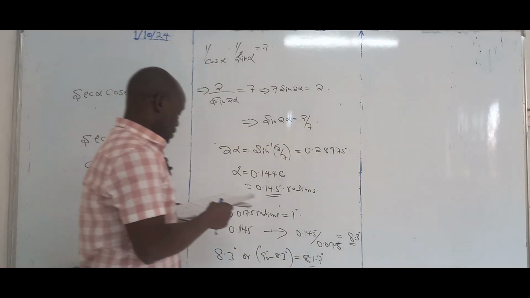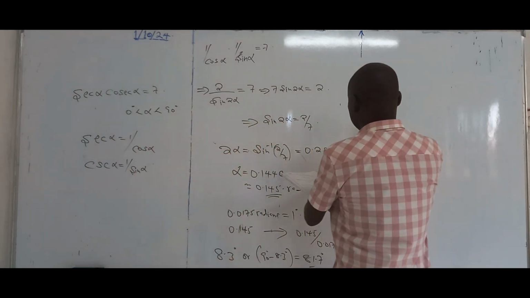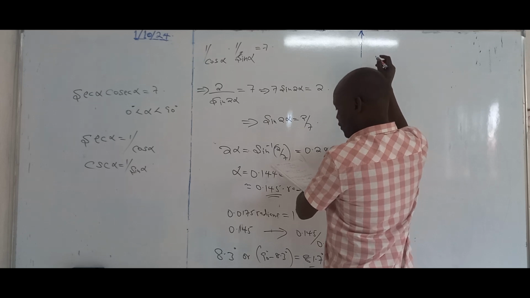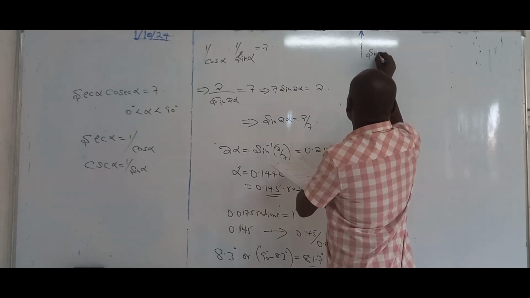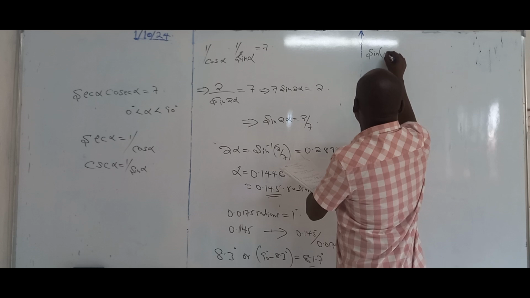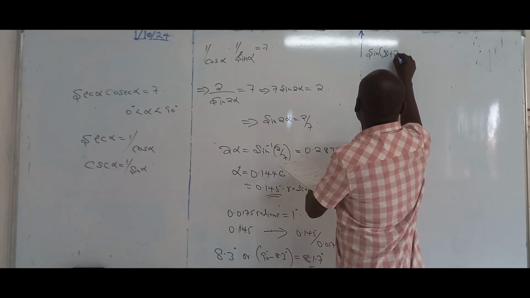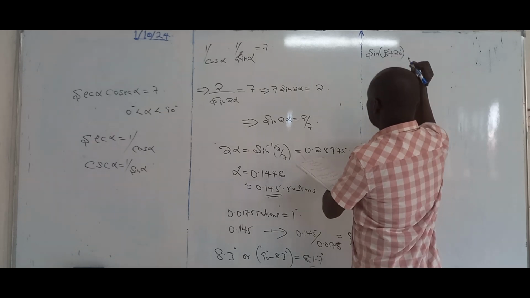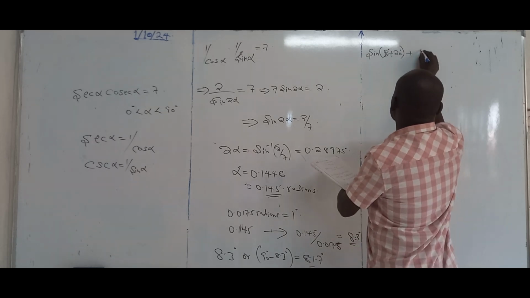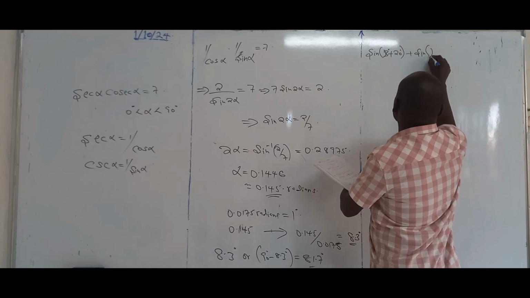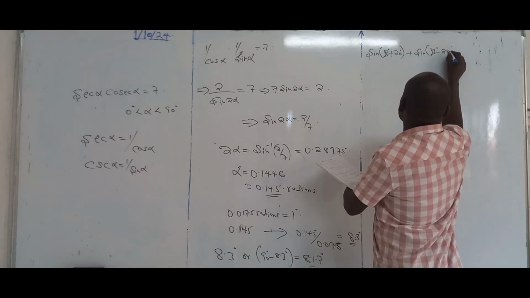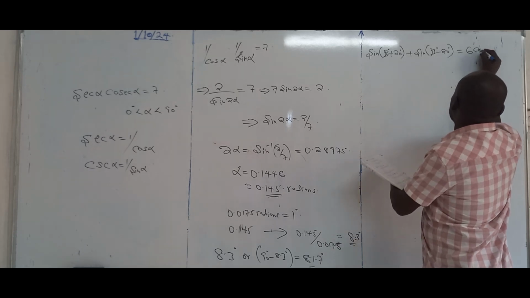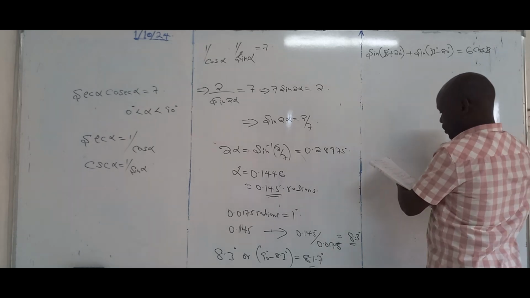Part B now is asking us to solve sin of (beta plus 20 degrees) plus sin of (beta minus 20 degrees) is equal to 6 cos of beta.